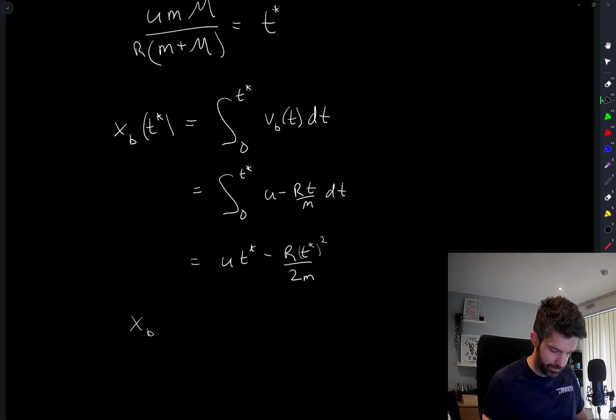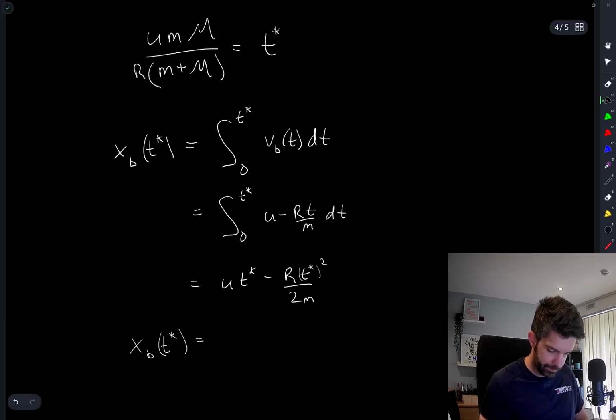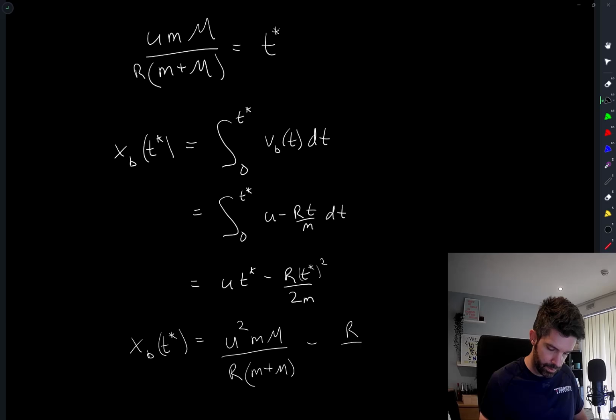So the position of the bullet at the time of interest is u squared m capital M over R times m plus capital M, minus R over 2m times this thing squared, u squared m squared capital M squared over R squared times m plus M squared.